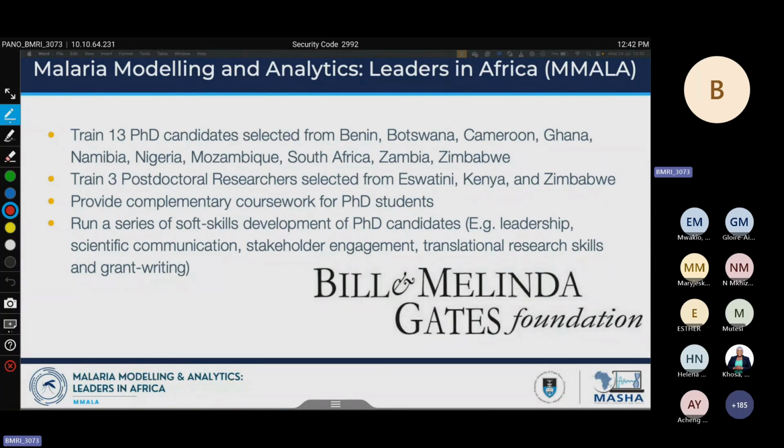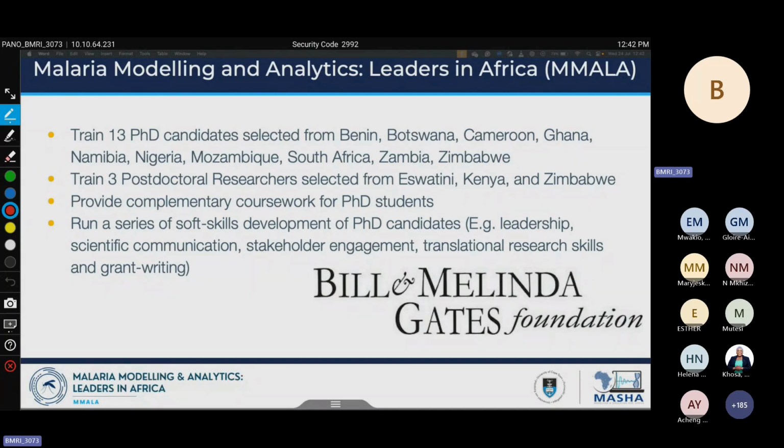These candidates are all working with their governments. So their governments are partners, and they're doing projects in direct relation to the malaria needs of their country.